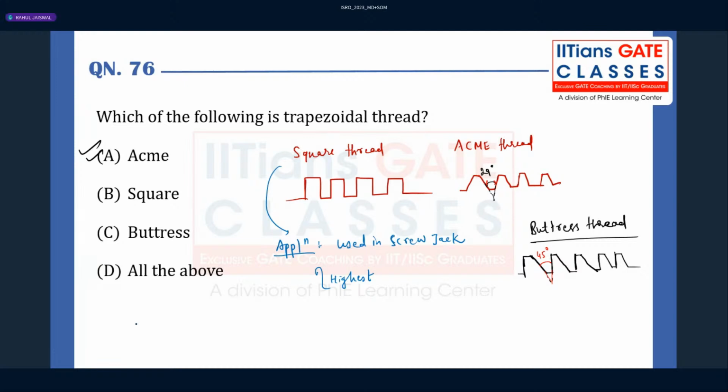If they ask you which type of thread is used in the lead screw of a machine tool, what will you answer? Again, the answer is Acme thread or trapezoidal thread.